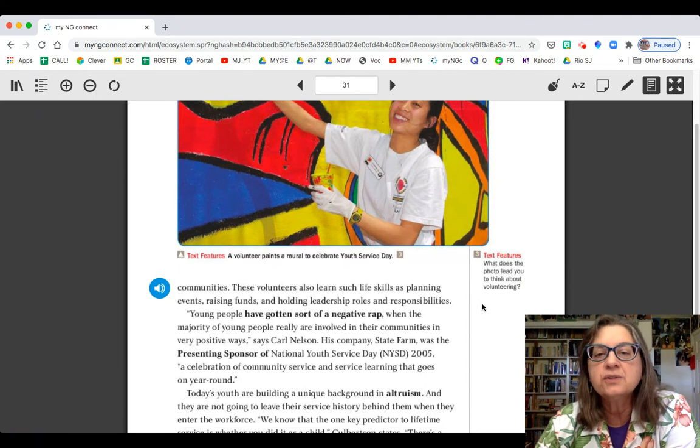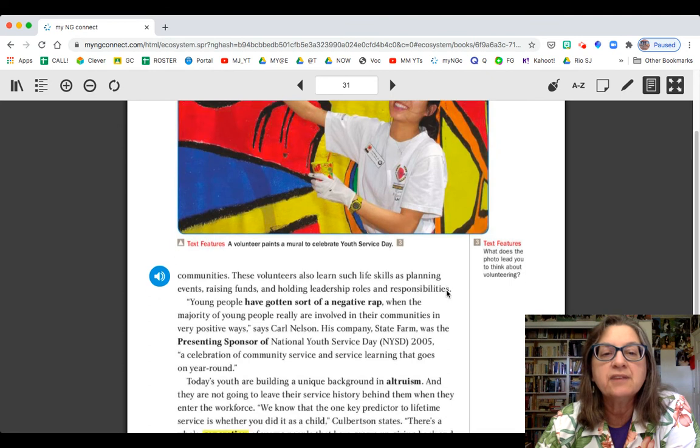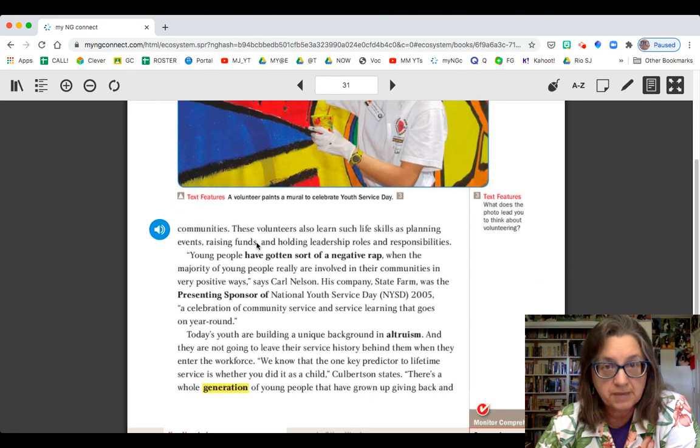These volunteers also learn such life skills as planning events, raising funds, making money for the group, and holding leadership roles and responsibilities. "Young people have gotten sort of a negative rap. They've got kind of a bad reputation, when the majority of young people really are involved in their communities in very positive ways," says Carl Nelson. His company, State Farm, was the presenting sponsor of National Youth Service Day.